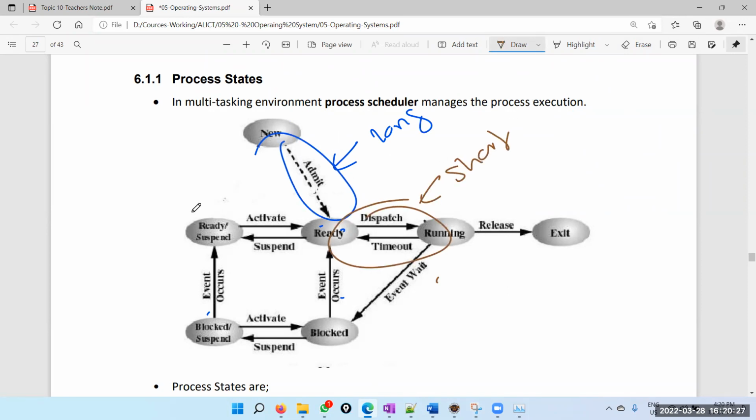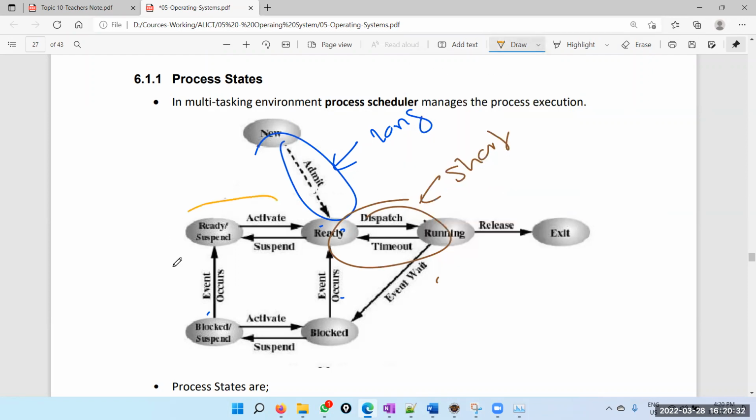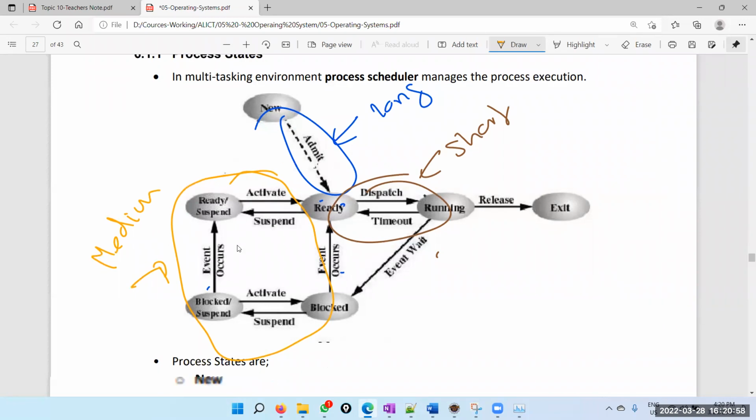So whether to put it into suspended or not, this part is pretty much under the medium-term scheduler. This one is also more into the short term, but the virtual memory handling part is pretty much the medium-term scheduler's job. Long-term scheduler, short-term scheduler, medium-term scheduler, but we just feel it like one scheduler. Right? So that's it.